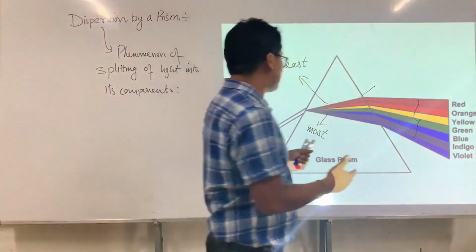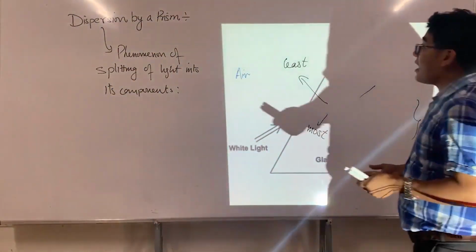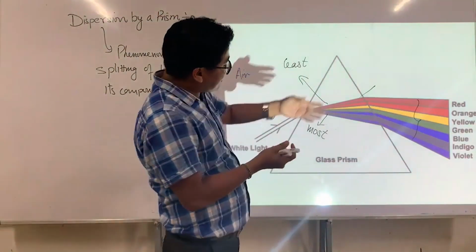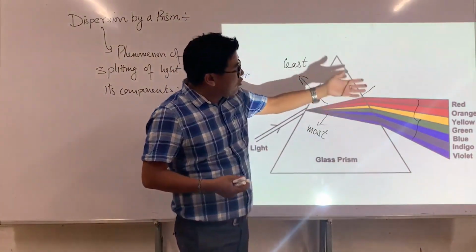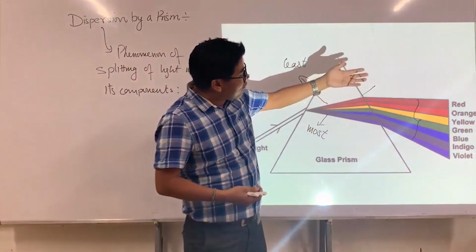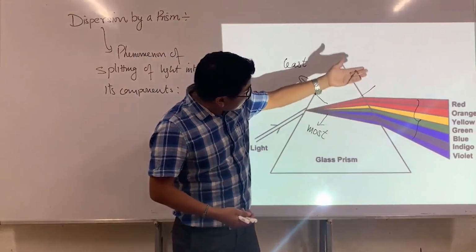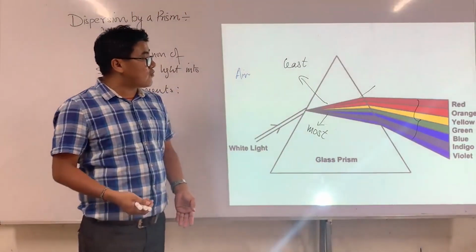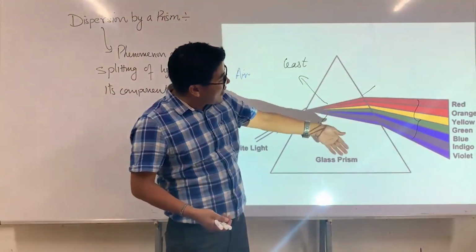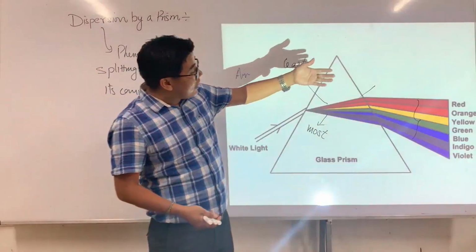Look here. So this is what we have. And when it comes out, when you look at this, you find a continuous distribution of light ranging from red to violet. You see a continuous change of colors, a continuous change of wavelength.